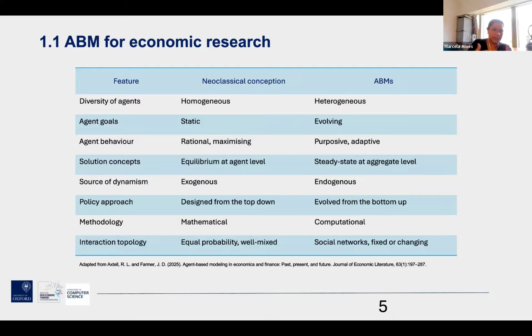This is why we use computers to do this modeling, and we relax a little bit in terms of the purpose they have and the mathematical functions they should follow, and we have a more social network based interaction instead of just spreading the probabilities among all the agents, the representative agents. What we try to understand is how the agents behave on a network that can be fixed or changed. I will have some examples.